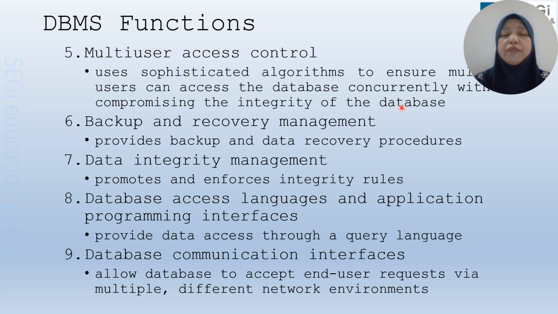Both need to access the same data that is located in Klang, for example. The DBMS acts as the middle person to manage the access of data. It makes sure that the data is consistent, that it is the latest version, and that both parties are able to get the correct data.